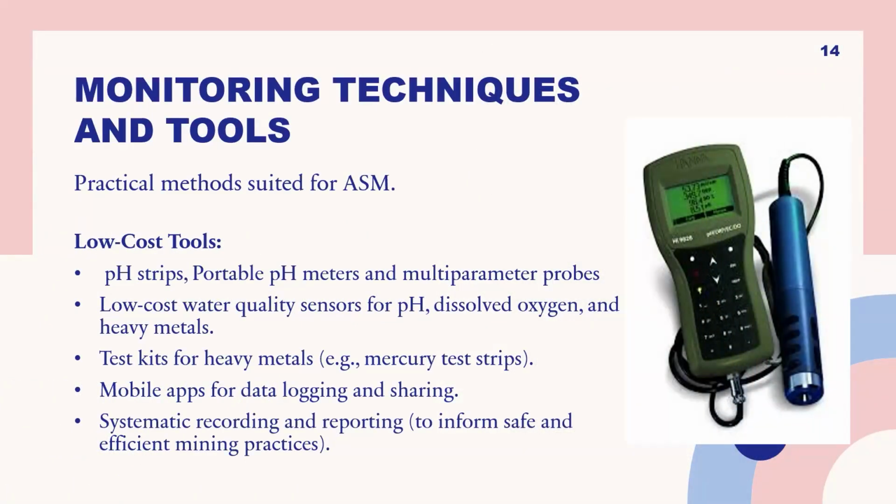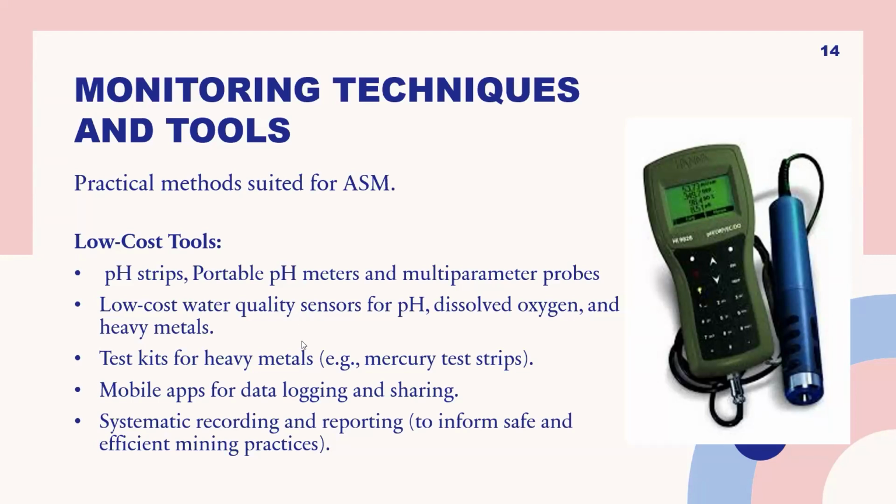They can also help you to measure electrical conductivity of your water, or the amount of ions or salts that are contained in your water. They also allow you to measure the dissolved oxygen, how much dissolved oxygen is in your water. So these become very handy because they allow you to measure a lot of parameters at the same time.